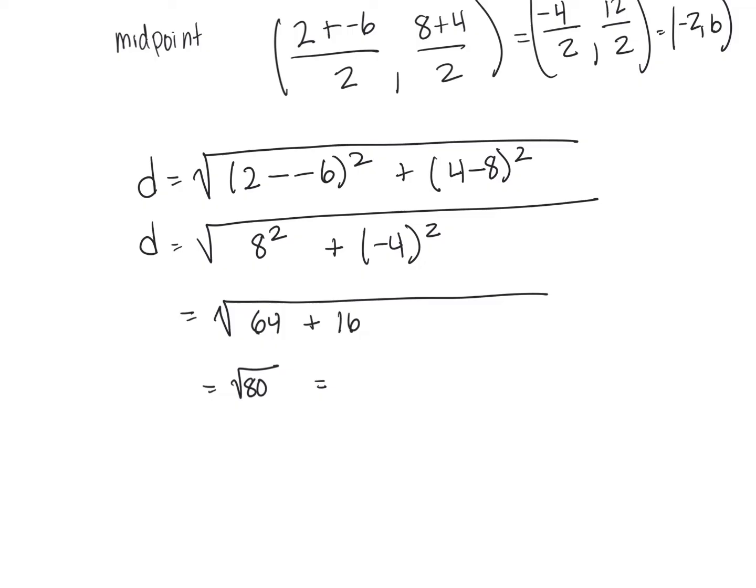The perfect squares that go into 80: 16 times 5 is 80, so it would be 4 root 5.